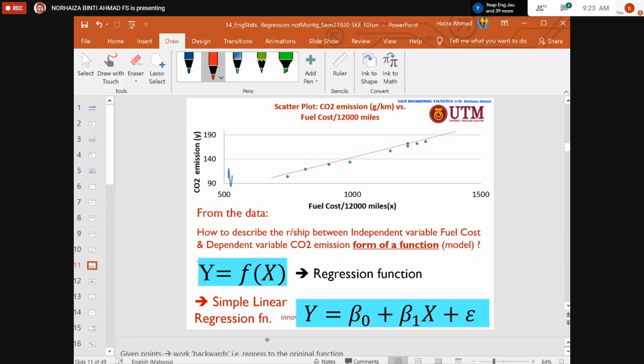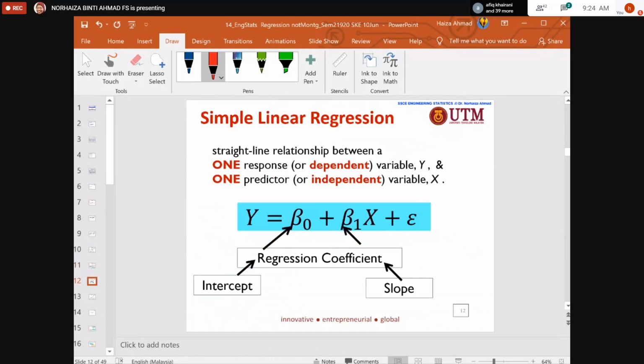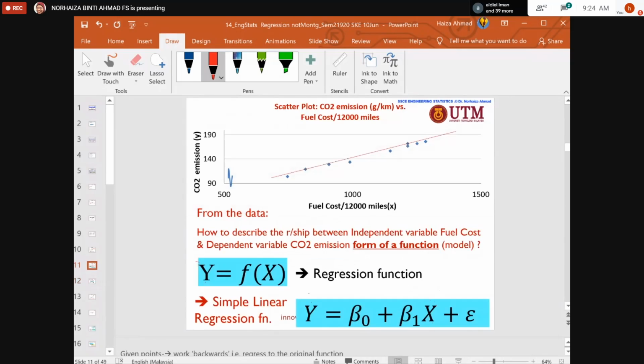It follows the form of a regression function, y equals some function of x, with one response variable and one predictor variable or independent variable, one independent, one dependent variable, plus an error. Now I will explain what this error, epsilon, means. This is the general model for a simple linear regression model.